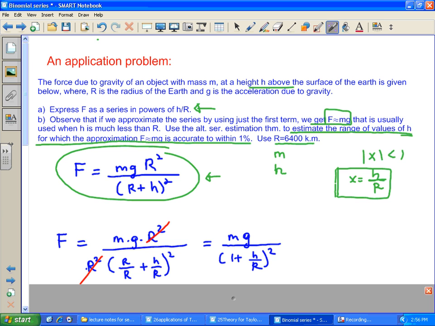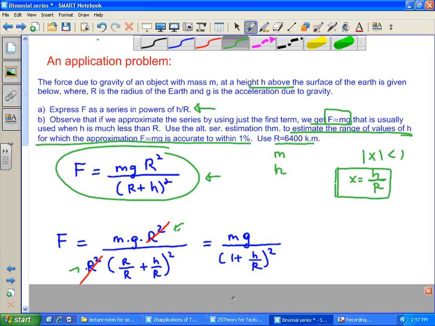But by doing so, because it was under a square, basically the net effect of doing that is multiplying everything by 1 over r squared. So to undo the effects of that, I put a times r squared on the outside. Now this r squared on the bottom and the r squared on the top, they cancel. This one cancels that one.